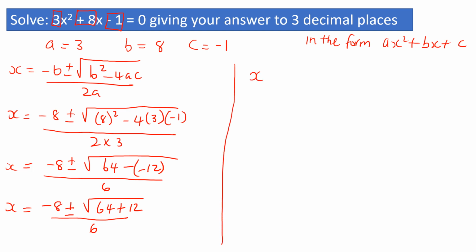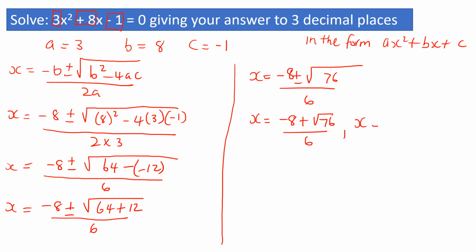So x equals negative 8 plus or minus the square root of 64 plus 12, which gives us 76, over 6. So x equals negative 8 plus the square root of 76 over 6.